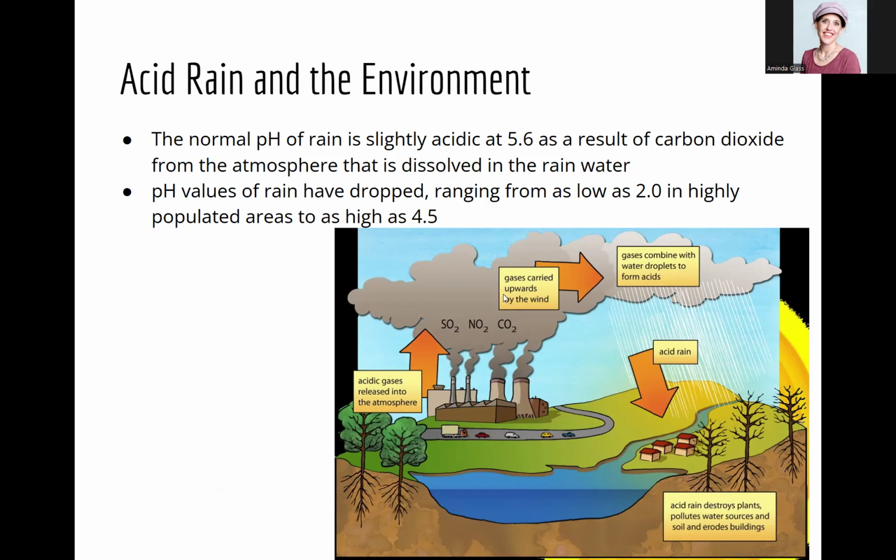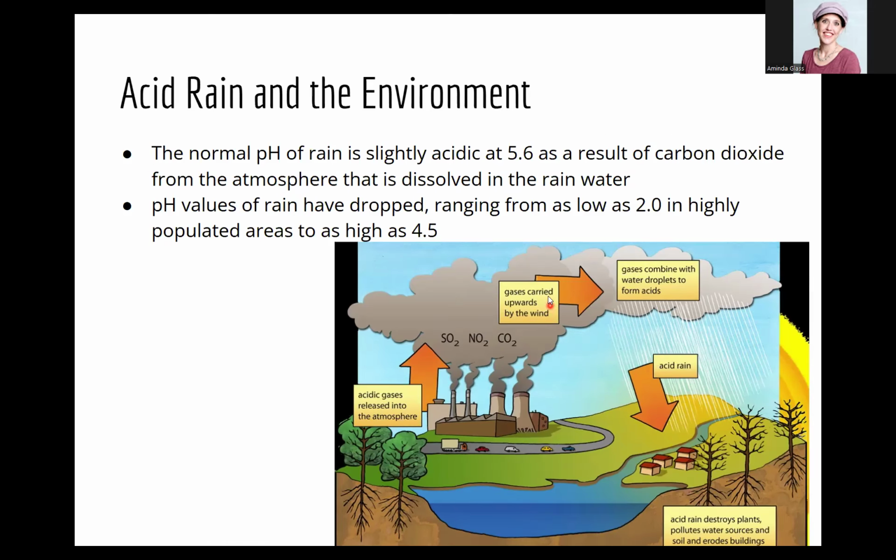So if we look at this little chart here, you can see that we have gases that are carried upwards by the wind. And these acidic gases are released by factories or vehicles, typically from manufacturing.